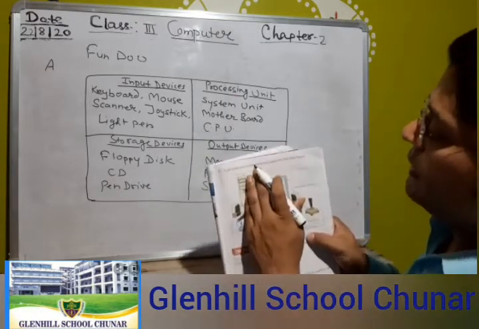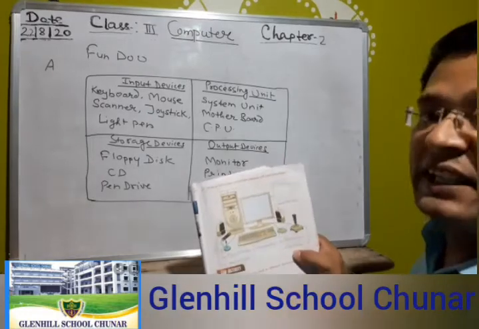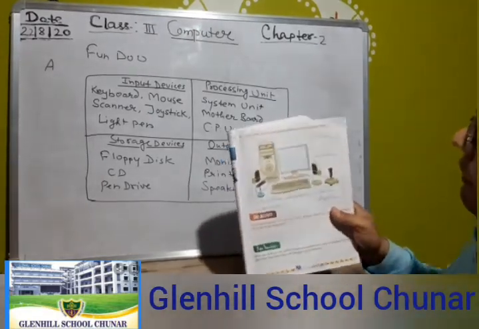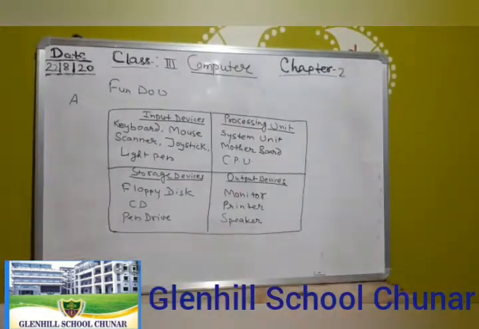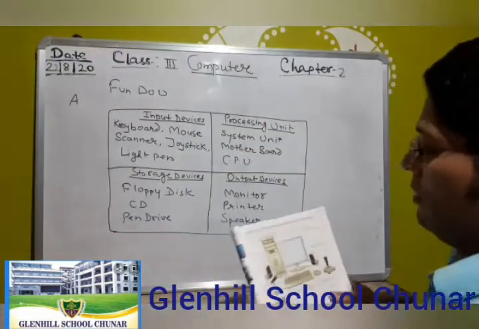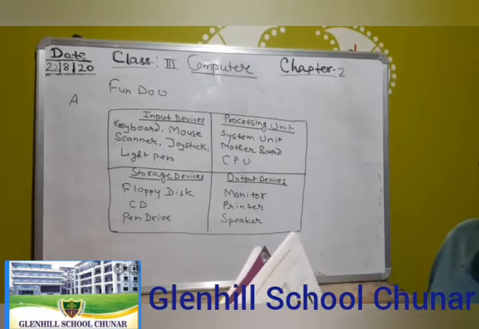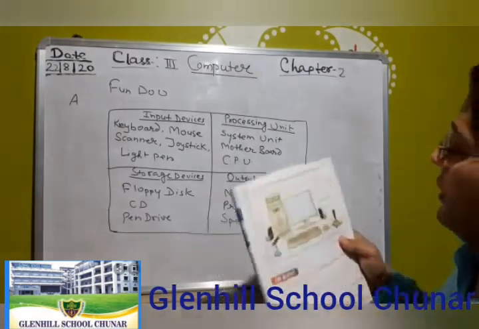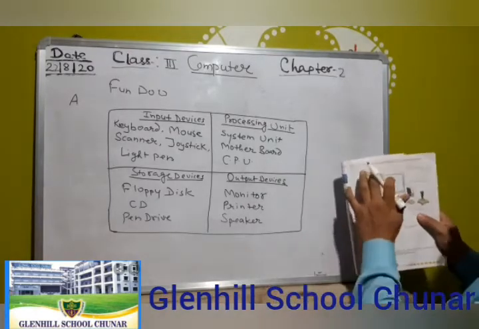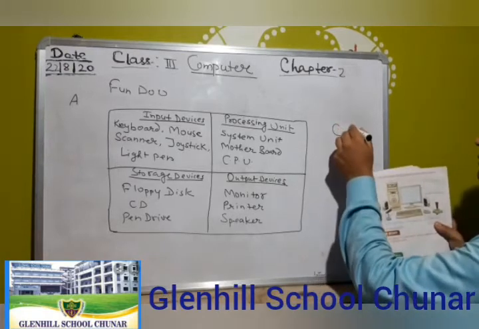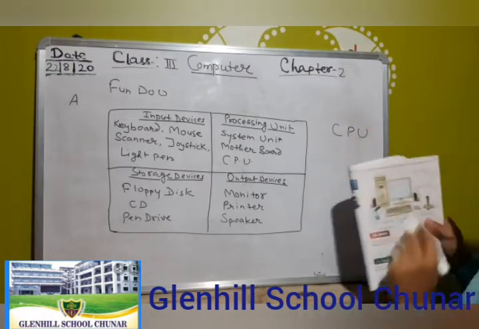Okay. Yes, and look at the various parts of the computer and write their names. Okay, students, so we will start from the top side. So your next question: look at the various parts of the computer and write their names. So this line indicates CPU.